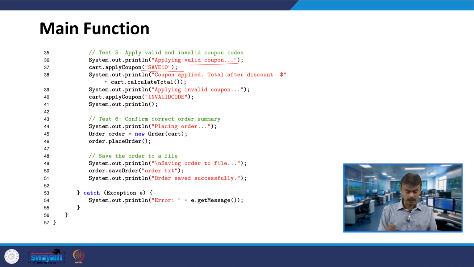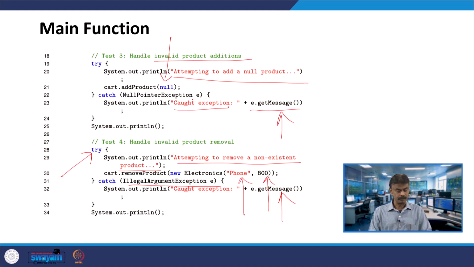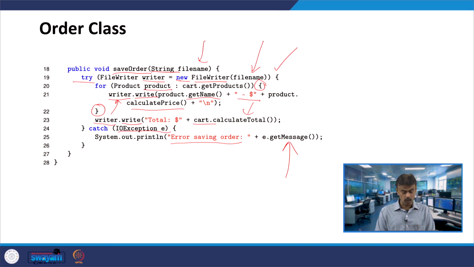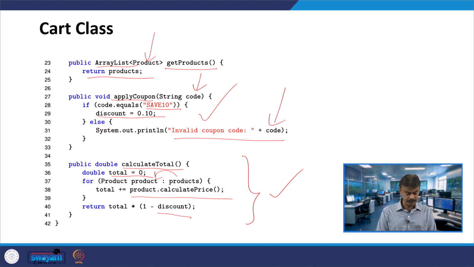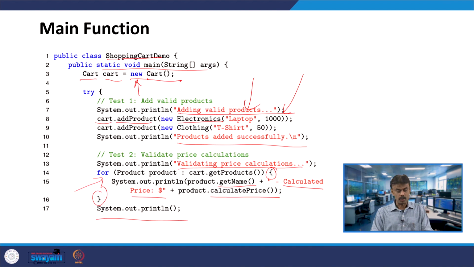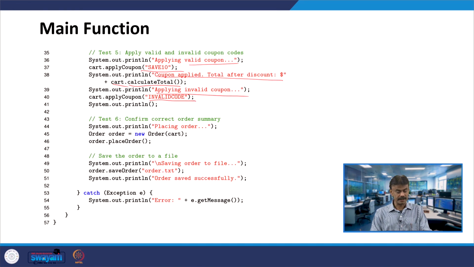Then the calculateTotal function will be called under cart, and all these messages will be printed. This is not very difficult, because you are getting a lot of System.out.println. Then the applied coupon is printed. Here it is an invalid code; if it is an invalid code, that also we had seen, in the else branch, "Invalid coupon code" is printed. That is test 5, which is not very difficult.